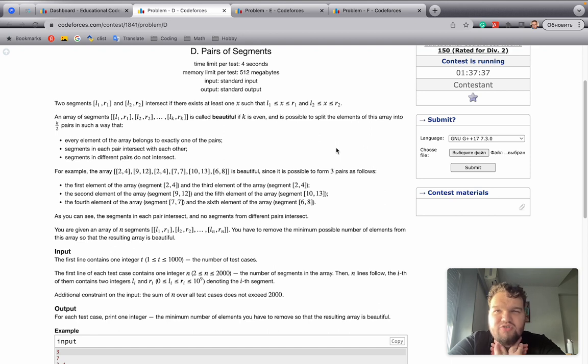Or maybe just not intersection points, but just the chosen segments.